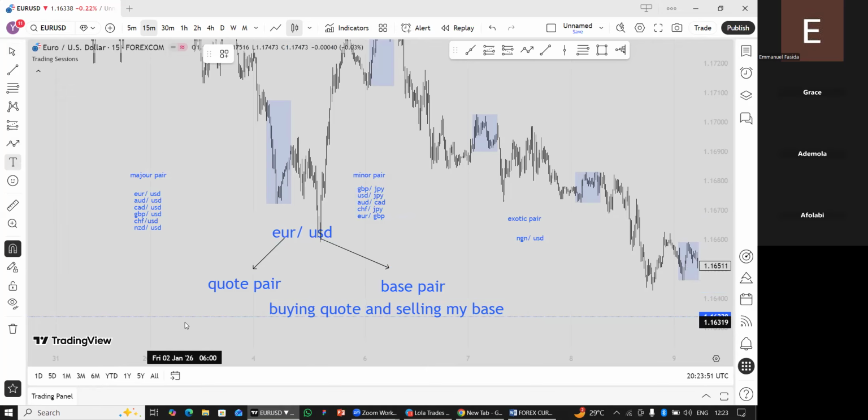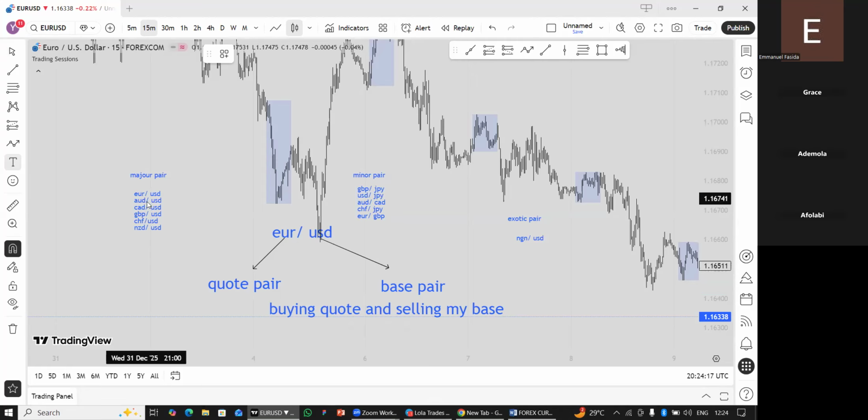So I said in forex trading, two countries come together to form one currency pair, and I picked this EUR/USD. This Euro is known as the quote pair. Any currency coming first is the quote pair, and any currency at the back is the base pair.